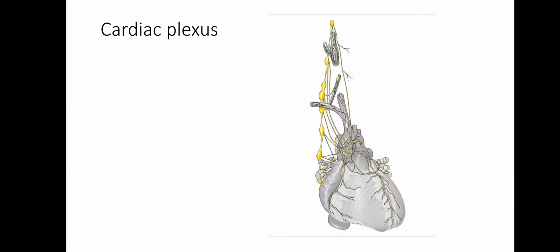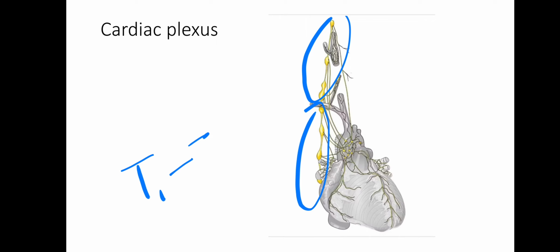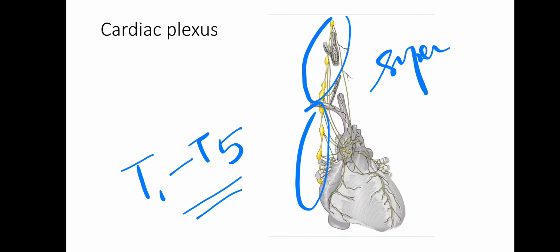With regards to the heart, we have the cardiac plexus formed by the paravertebral sympathetic ganglionated chain. Here you can see the fibers coming from the cervical and the thoracic ganglia, but the preganglionic fibers are from the T1 to T5 level. So we have a superficial and deep cardiac plexus.